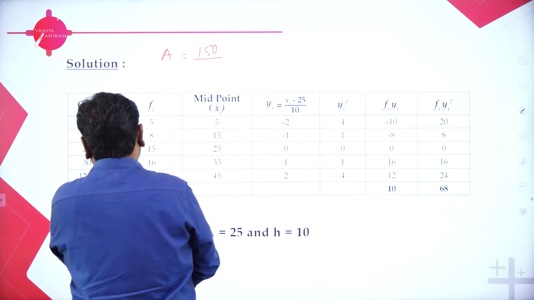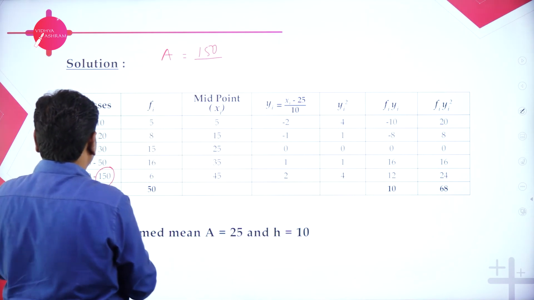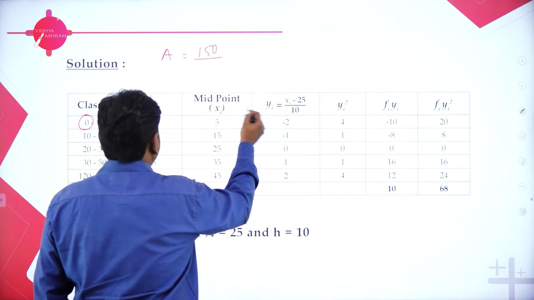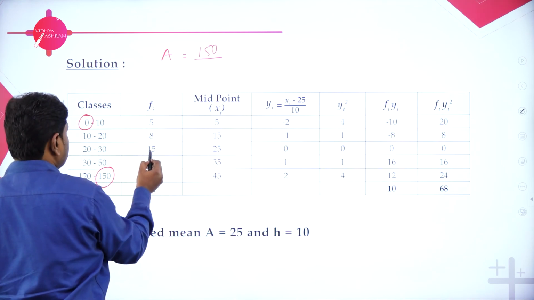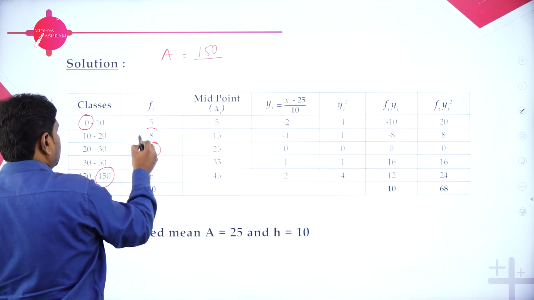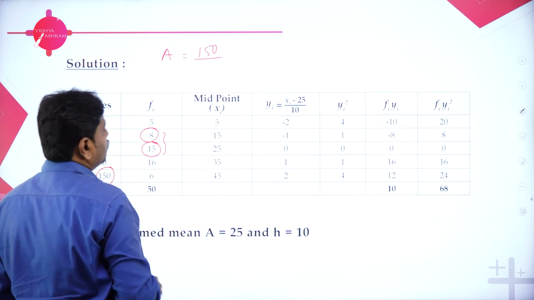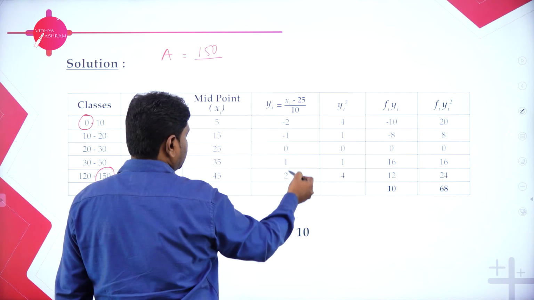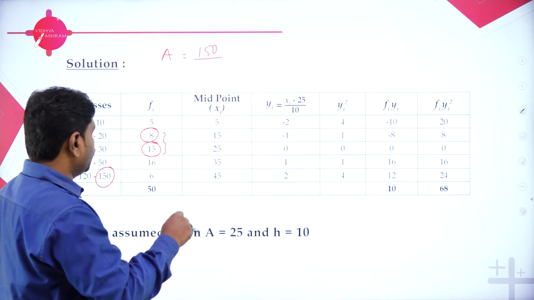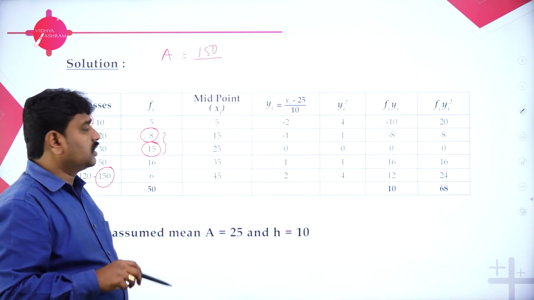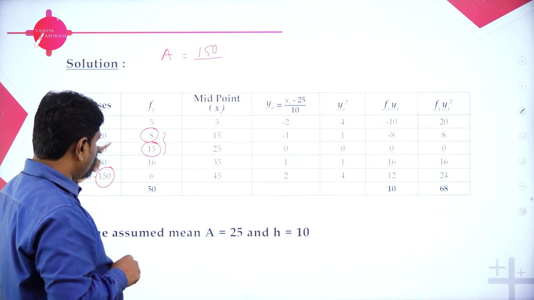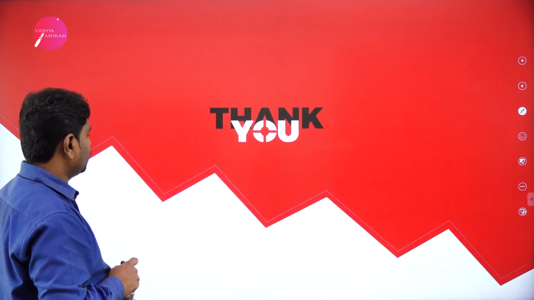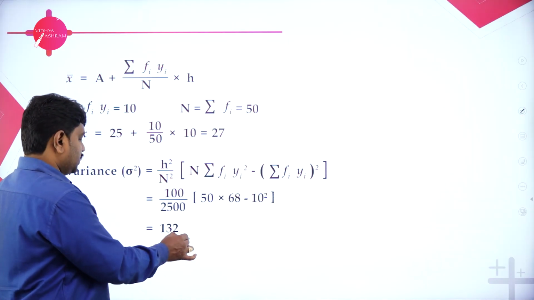Or you can take any mid value within the data, any assumed mean, and the most occurred value I see here is 15. If you take the average of these two, you'll also get an assumed mean. Then yi is xi minus assumed mean by 10. Follow the same procedure, or I gave one more technique for assumed mean: add the lower limit and upper limit and divide by 2, that is also fair enough, and accordingly you can calculate and you'll get the answer.